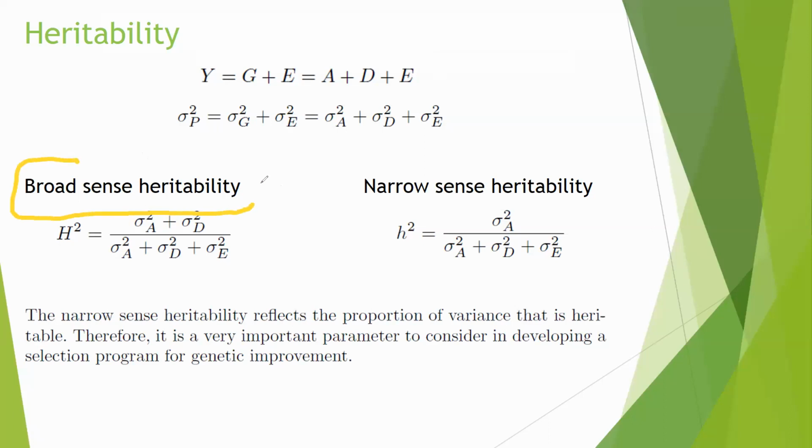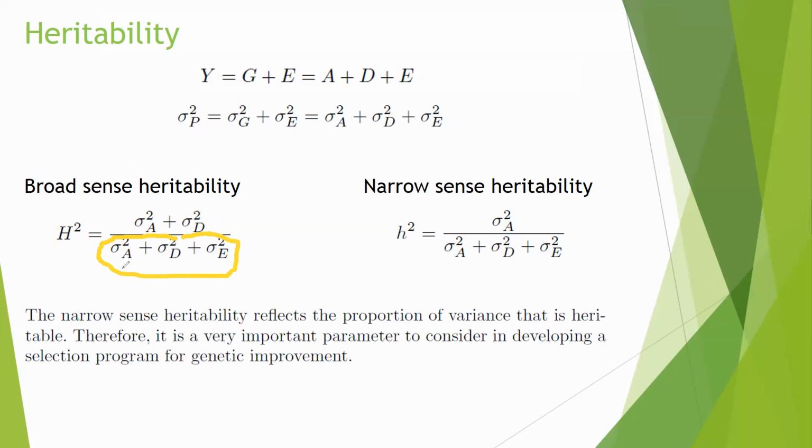So let's look at the broad sense heritability first. So this is the heritability, and the broad sense heritability is a ratio. The denominator is actually what? It is the total phenotypic variation, right? Observed in the population.